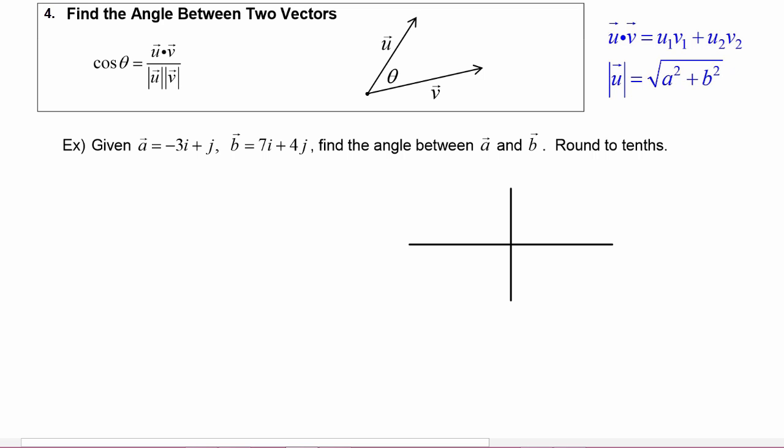So vector A being negative 3i plus j means that it will be over here, and we can write that in position vector notation if we like. Vector A is equal to vector negative 3, 1.